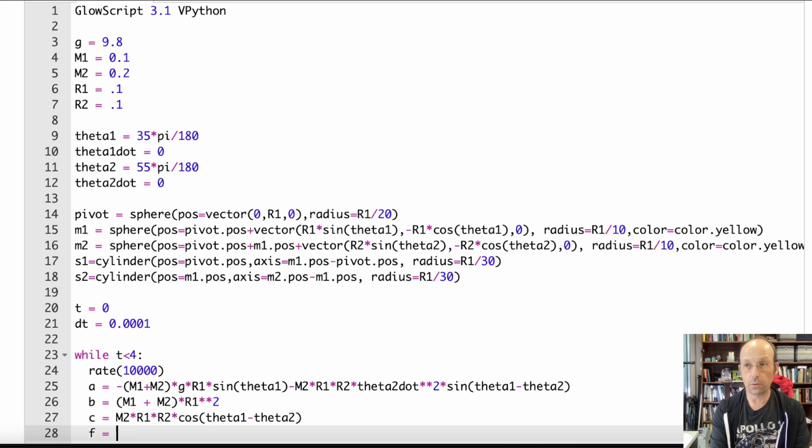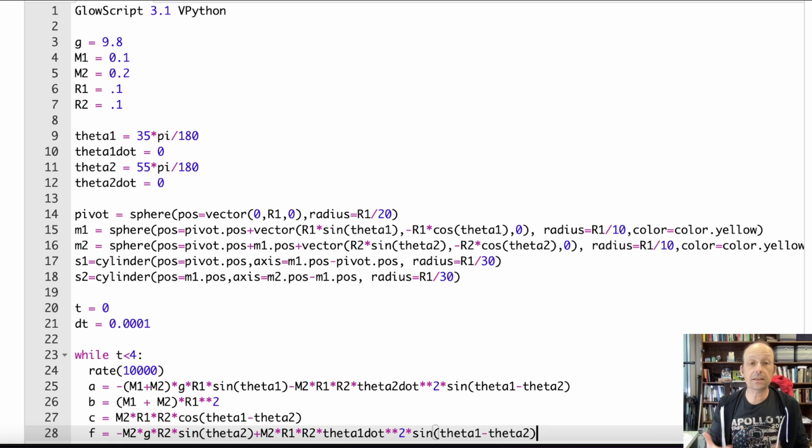F equals negative M2 times G times R2. I'm going to make a mistake here, I know it. Where am I? M2 G R2 times sine of theta 2 plus M2 times R1 times R2 times theta 1 dot squared times sine of (theta 1 minus theta 2).